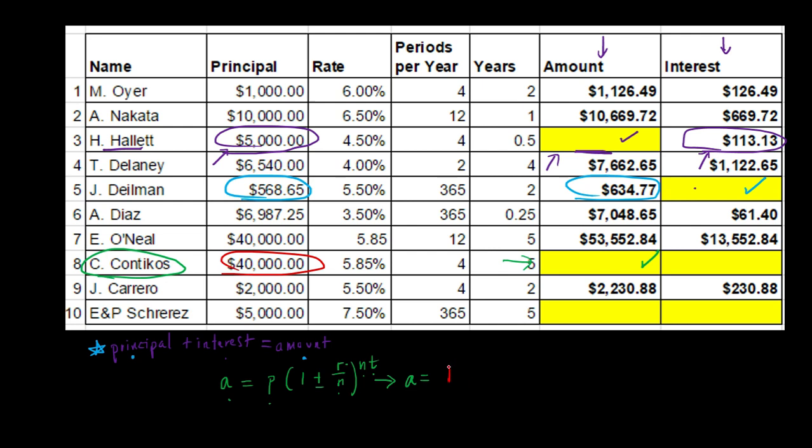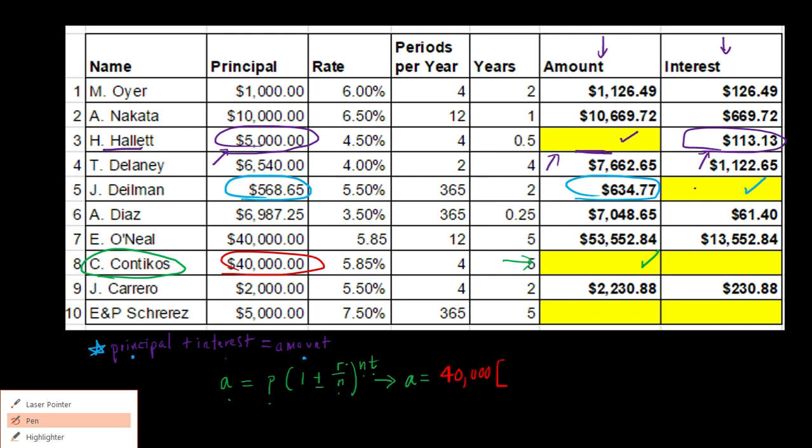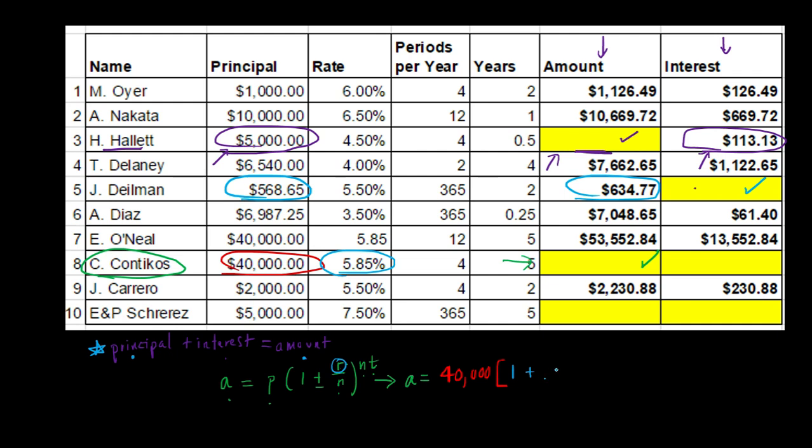So I say A equals 40,000 times, next comes 1 plus rate, R. So I see that the rate is 5.85%, but I need to write it as a decimal, which is 0.0585. Now, that's just my numerator. So I'm going to divide that by N. Remember, N is the periods per year.